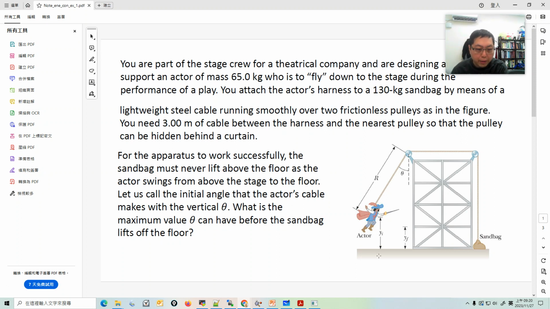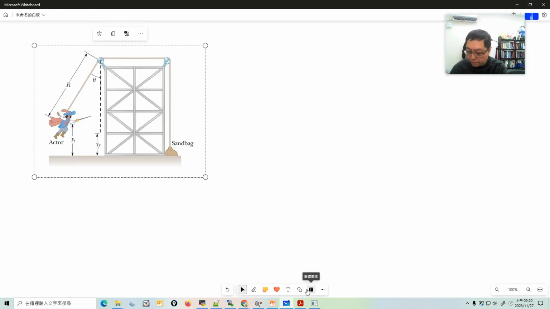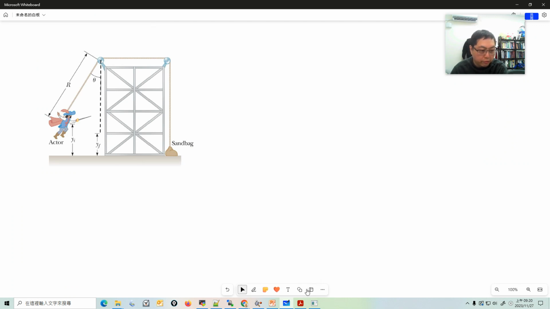Let's start at point F. Let's focus on point F, the final position, and draw a free body diagram at that particular point.